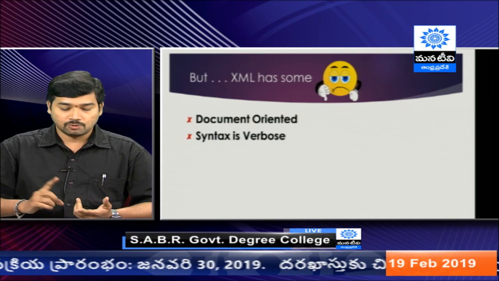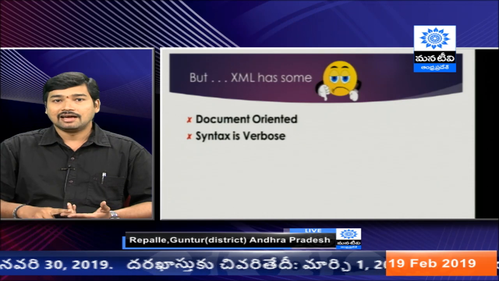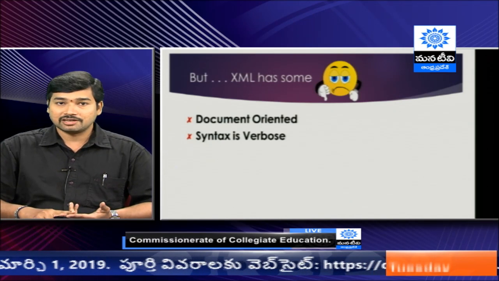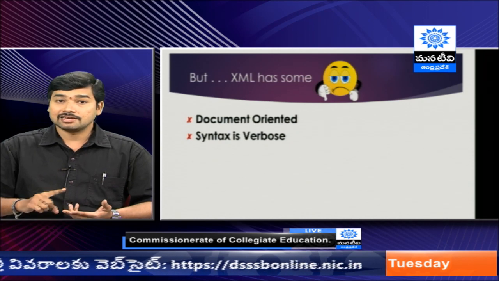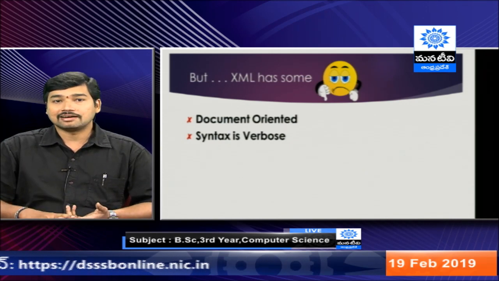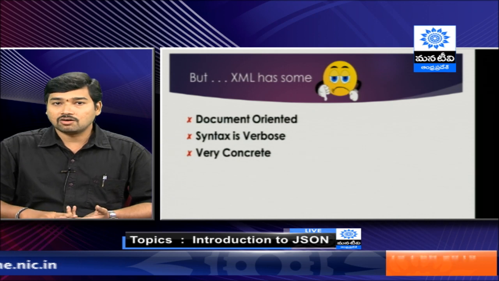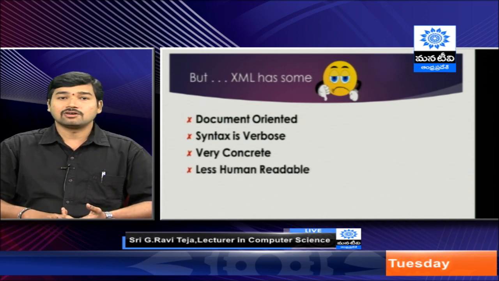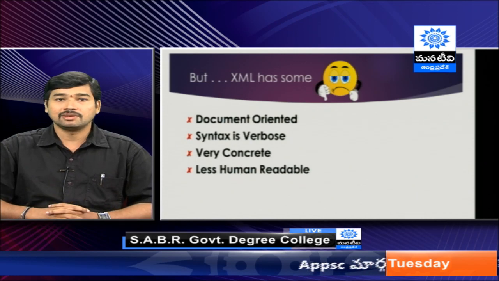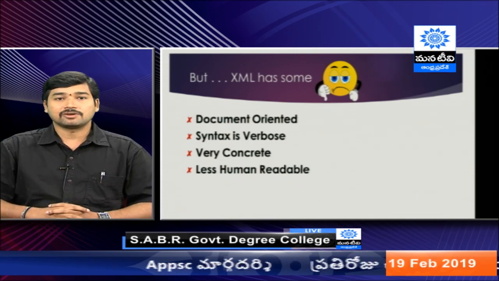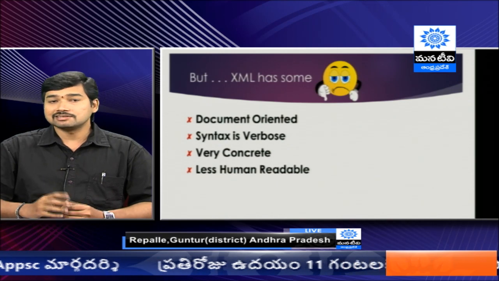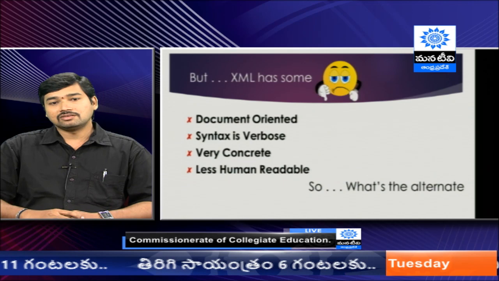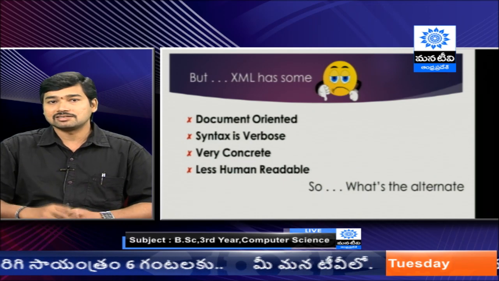If you open a tag, you have to close the tag, it is case sensitive, and you have to use a document type definition to validate it. If there is any mistake in the code, you cannot get the output. Also it is very rigid and less human readable, because whatever data you represent in XML can be understood only by the programmers who have written it, not normally by common people. So XML has some drawbacks in data representation.